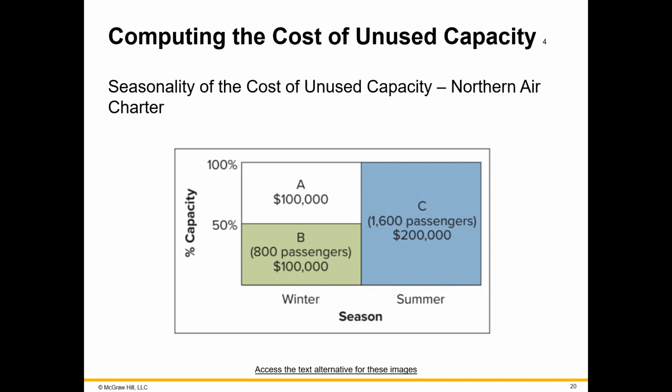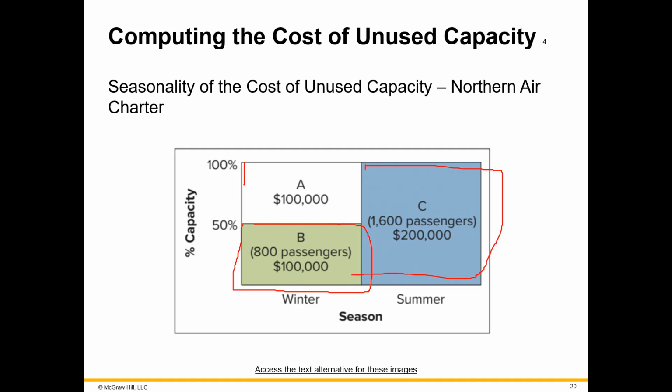So during that time, some of their planes might be sitting idle. So the company has to decide how to allocate those costs for the idle airplanes. In the graph shown, in the winter, there's only 800 passengers that they fly around compared to 1,600 passengers in the summer. And so they have this cost, which is represented by box A.